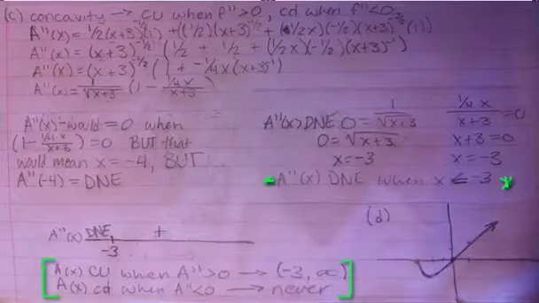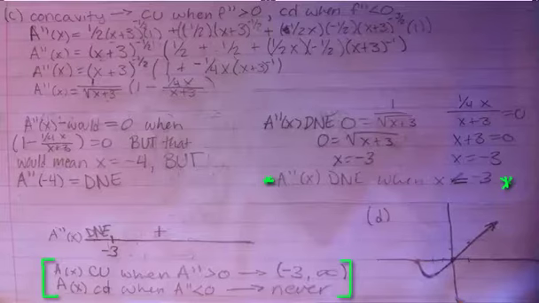So I found the second derivative of A of x, and then from there I found where the second derivative did not exist, and the second derivative does not exist when x is less than or equal to -3.